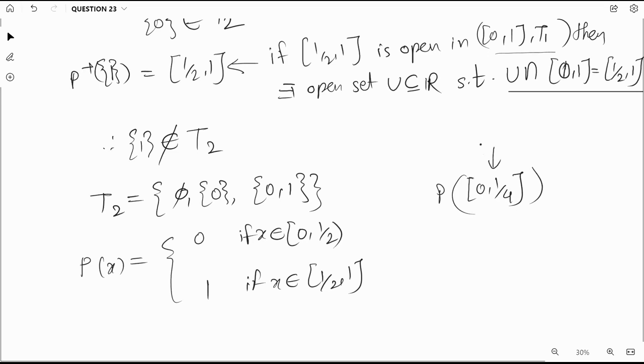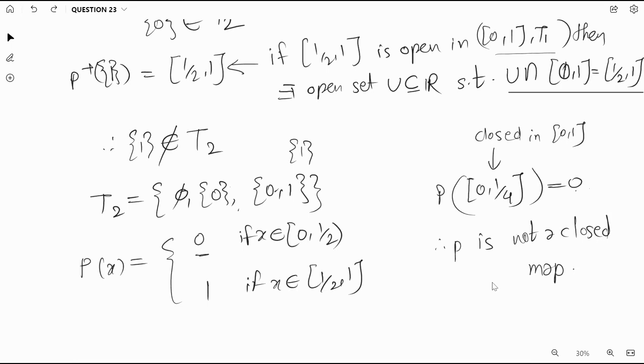This set is closed in [0, 1]. P of [0, 1/4] is {0}. But is {0} closed in {0, 1}? No, it is not closed, because its complement {1} is not open. Therefore {0} is not closed. So the image of a closed set is not closed here, and therefore P cannot be a closed map. So P is not a closed map.